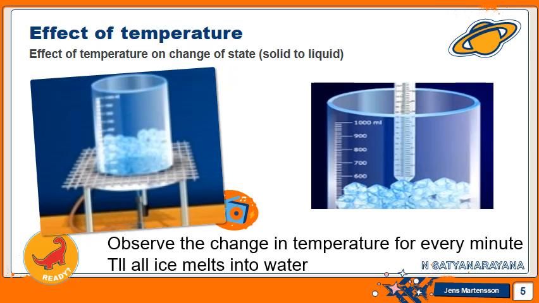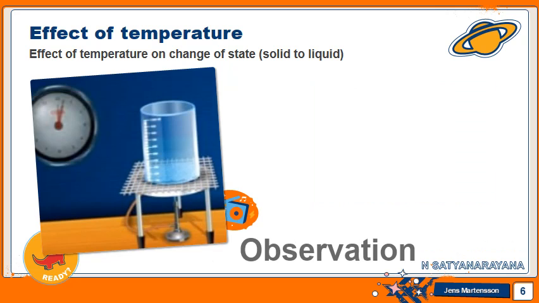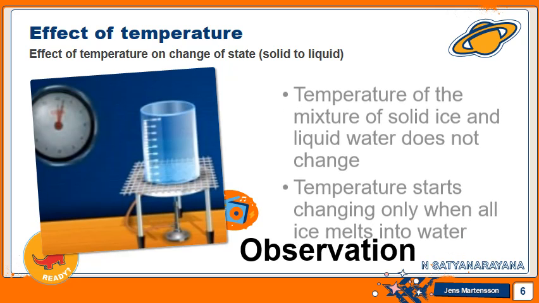At that time, you observe that there is no rise in temperature while the ice is melting, until it completely becomes water. Initially the ice gains energy, so the temperature rises. So what are the observations?